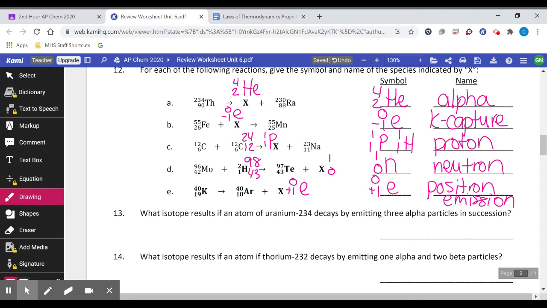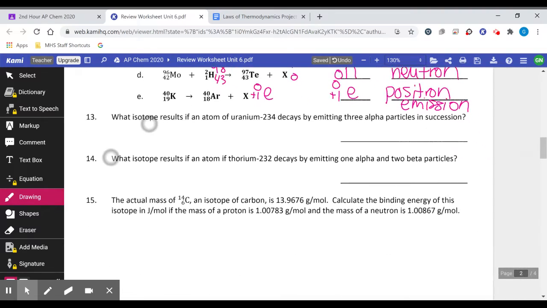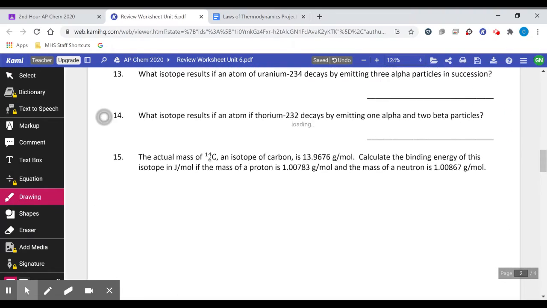All right, number 13. What isotope results if an atom of uranium-234 decays by emitting 3 alpha particles in succession? Okay, so we're going to start with our uranium. My atomic number is 92 there. We're going to emit 3 alpha particles.